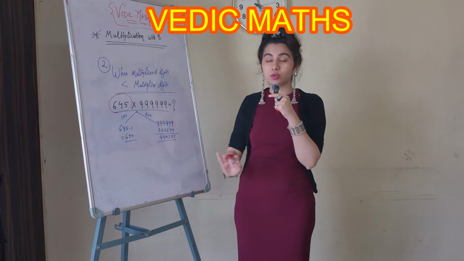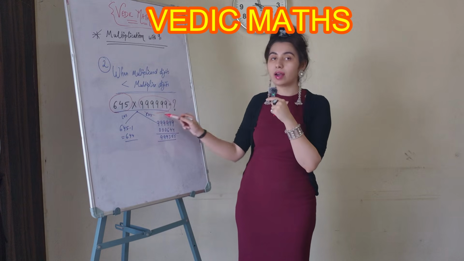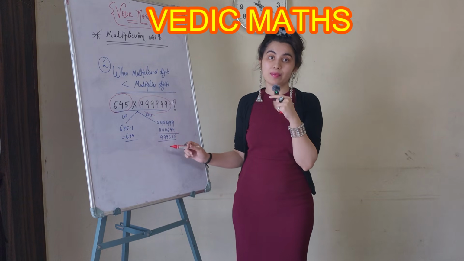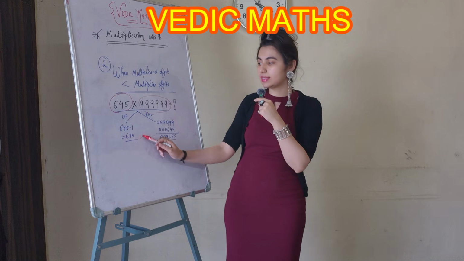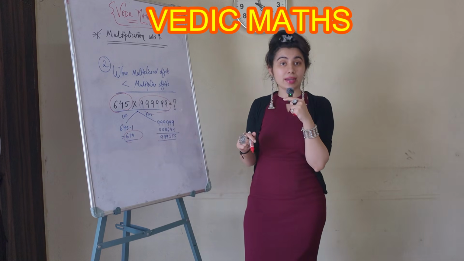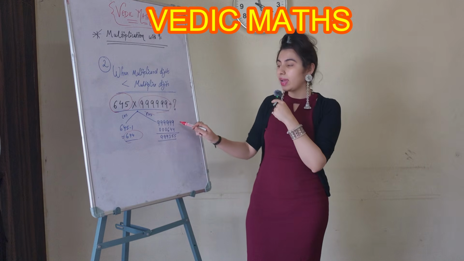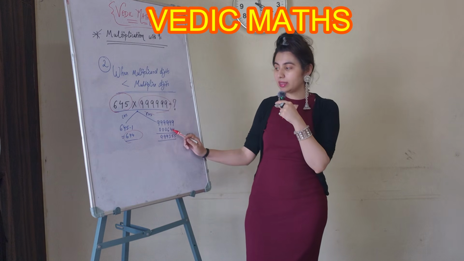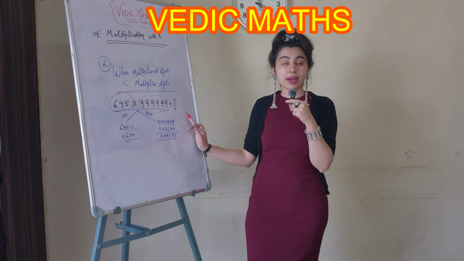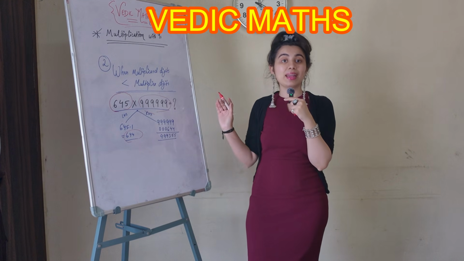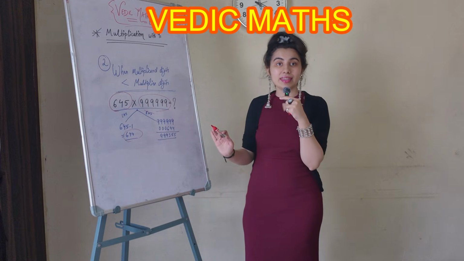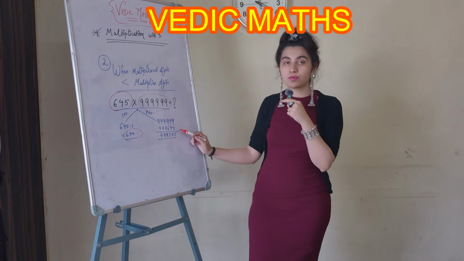Now what we have to do? Here there are more 9s, right? So this is 6 times 9. You have to subtract your LHS from the multiplier, and that is 6 times 9. Write the multiplier, that is 6 times 9, and then the LHS, that is 644.